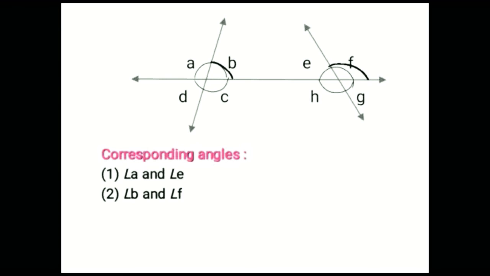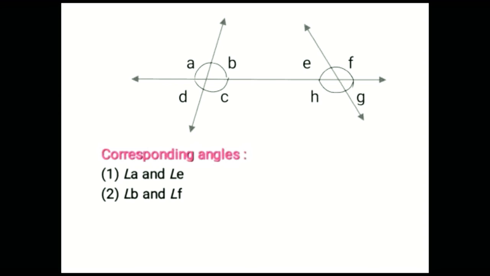Angle B is on the second side on the first line, and on the other line you have to take the other side only, on the same direction. So the correct answer is angle B and angle F are corresponding angles. You have to follow this method.